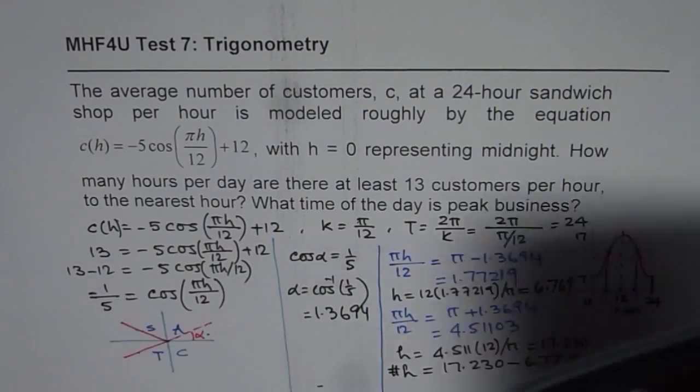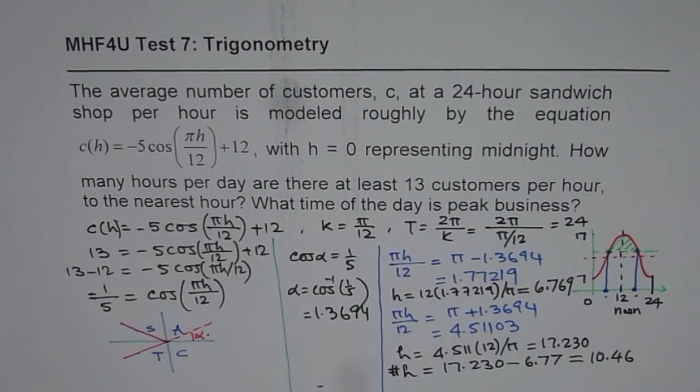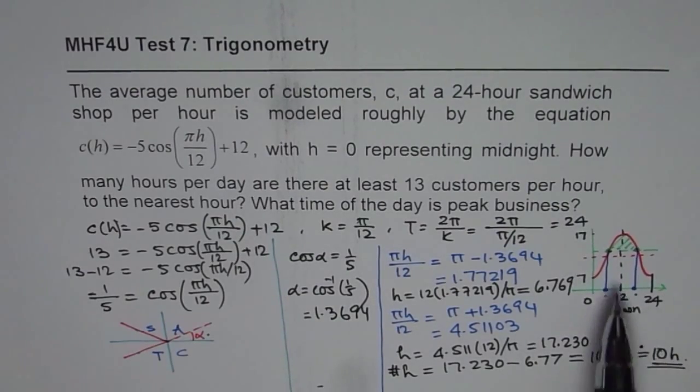It asks how many hours per day there are with at least 13 customers per hour, to the nearest hour. So the answer is approximately 10 hours. For 10 hours, we have at least 13 customers. That is the first part of the question.